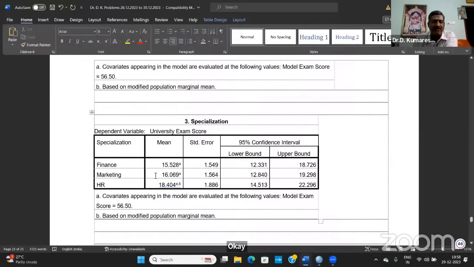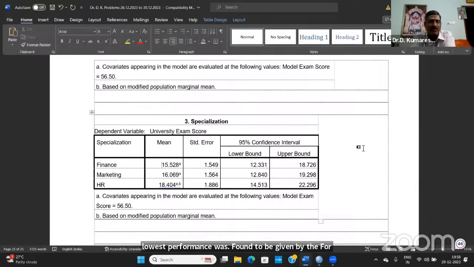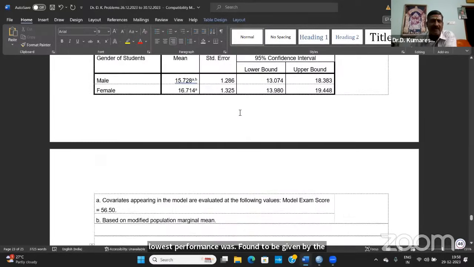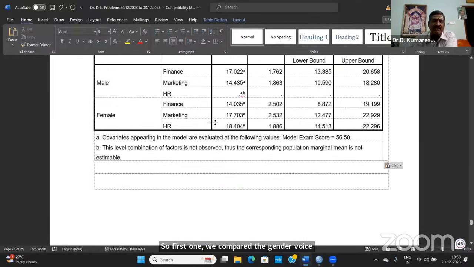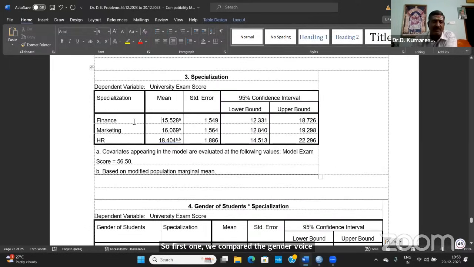Marketing students have got the next position, and the lowest performance was found to be given by the finance specialization students. So first one, we compared the gender-wise marks. Then we compared the specialization.